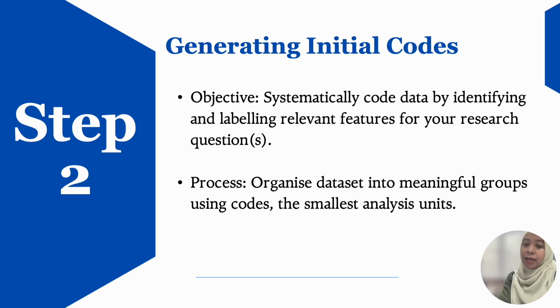For example, you might code segments of the data as student engagement or teacher adaptation, depending on what stands out in the data. Once these codes are generated, they form the foundation for identifying broader themes later in the analysis.